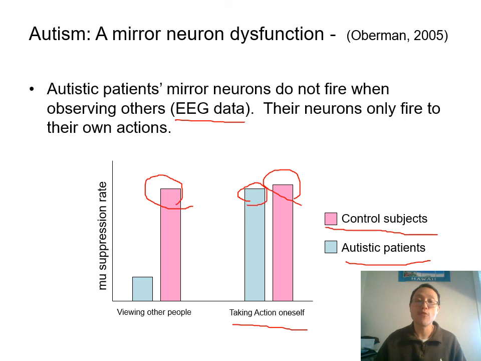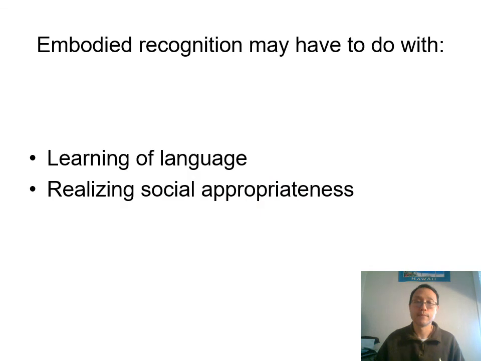But when they are viewing other people, these exact cells that are supposed to work similarly to the control subjects are not doing that well at all. So they said that this mirror neuron dysfunction in the premotor cortex at least contributes to the social dysfunction, or the social learning aspect, in autistic patients.